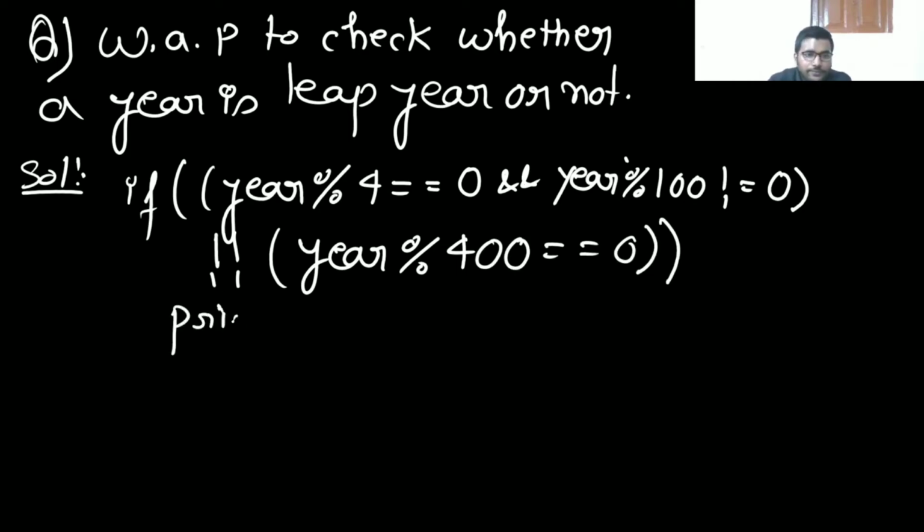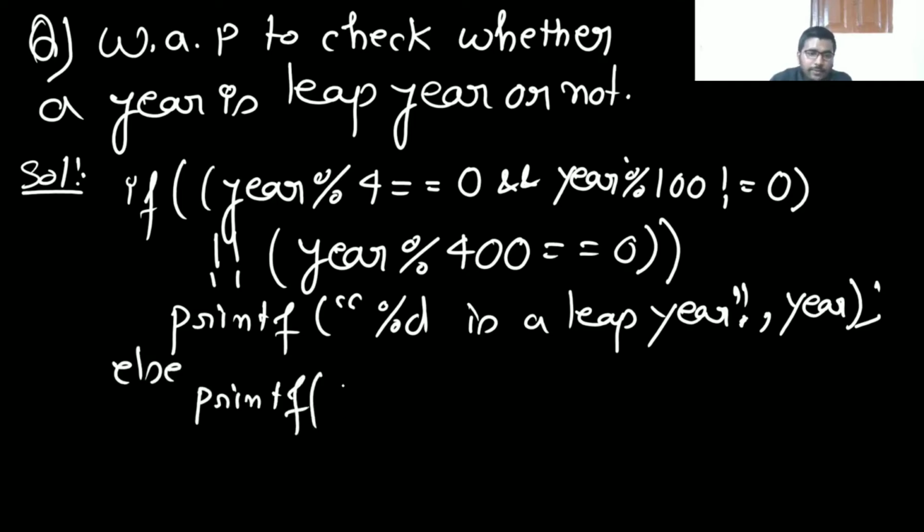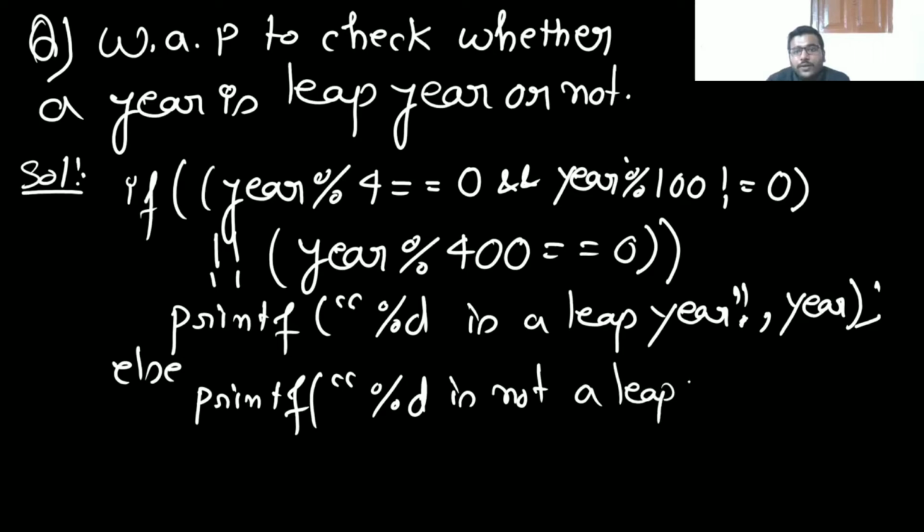Then printf whatever year they have given, percentage d is a leap year. Else printf percentage d is not a leap year. Since you have written percentage d, it will take the year from here.